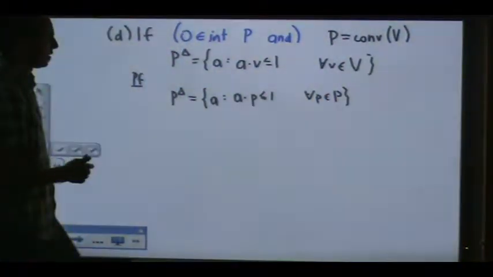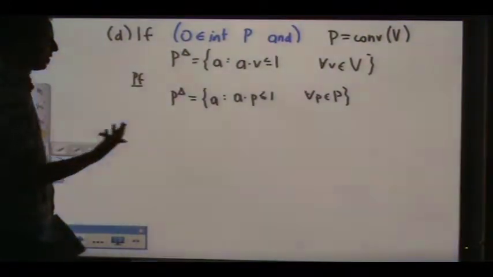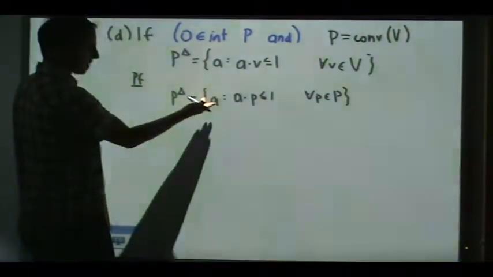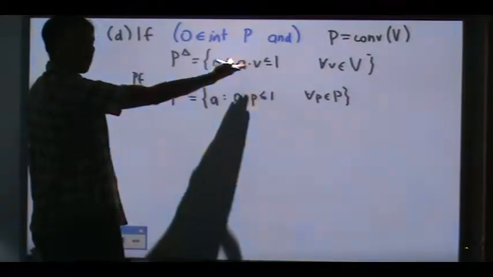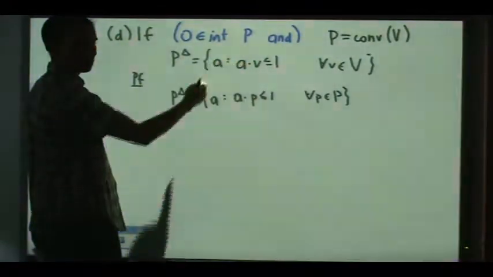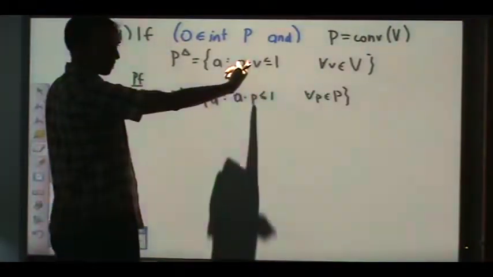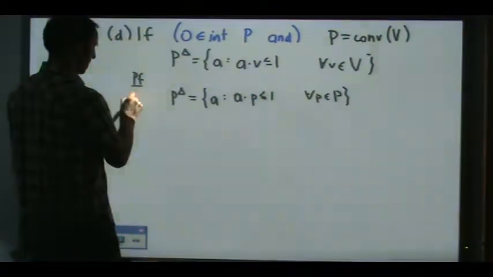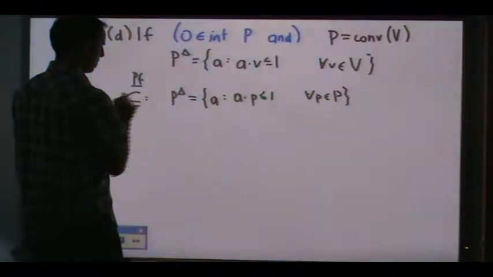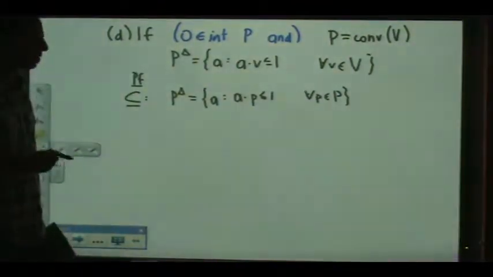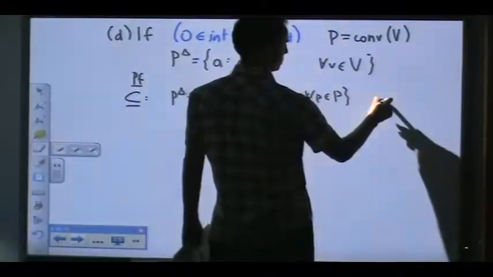And that means that if you satisfy this, then clearly you satisfy this. If your dot product with any point in the polytope is less than or equal to 1, then that's true of the vertices. So that's a proof of this direction. There's not really anything to say here.